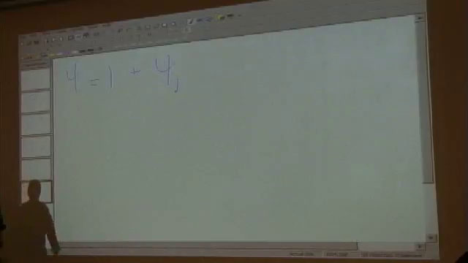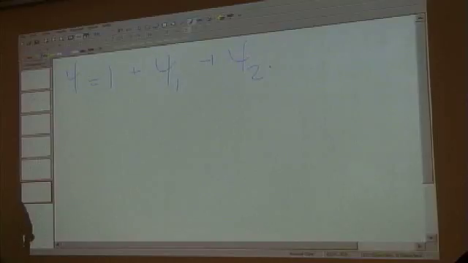You write psi as 1 plus psi 1, where psi 1 is the terms that are linear in the f j's, plus psi 2, which would be the terms of second order in the f j's, and so on. So 1 is obviously orthogonal to the function we're testing.